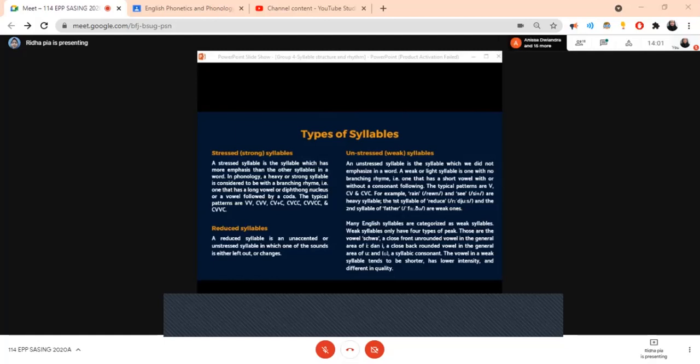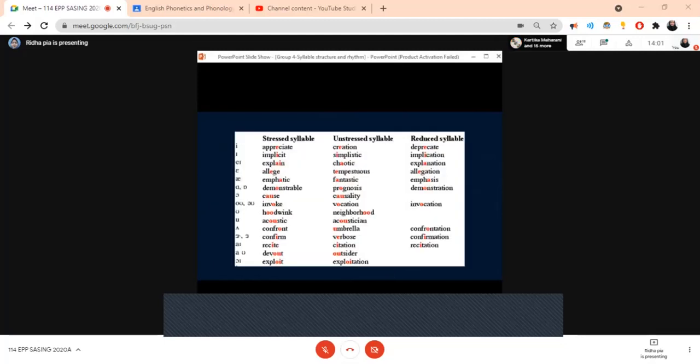Thank you, Rida. Actually, there is a table if you want to see. Here are the examples. For the stressed syllable, there is appreciate, implicit, explain, allege, and sometimes the stressed syllable could be said longer and louder. For the unstressed syllable, there is creation, simplistic, chaotic, tempestuous, fantastic, prognosis, and causality.